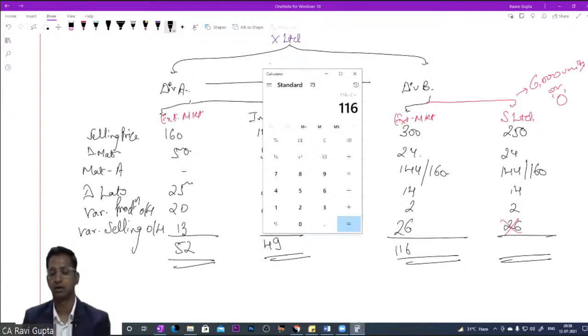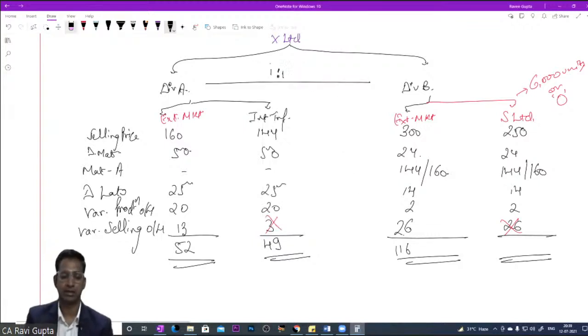Good, Shafana. For the external market share, let me calculate once again. 300 minus 24 minus 144 minus 14 minus 2 and minus 26. It's 90.